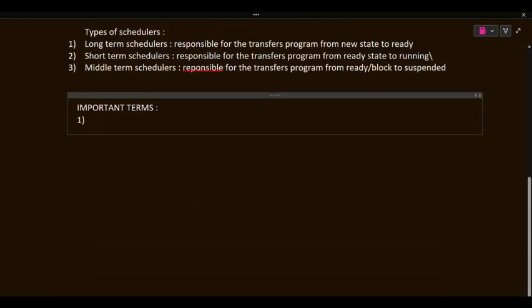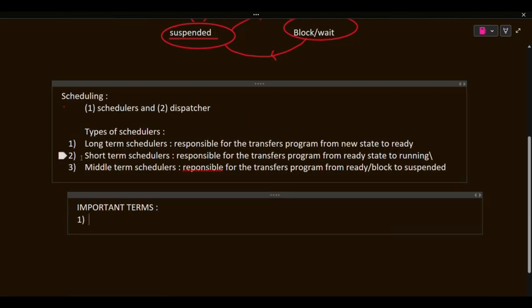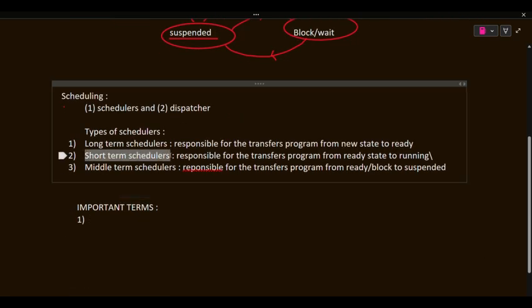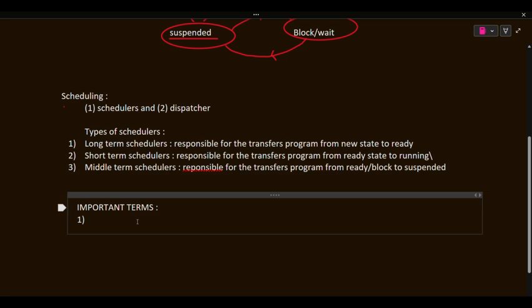Here, we mainly focus on the scheduling algorithms of the short-term scheduler, and the remaining are almost the same.